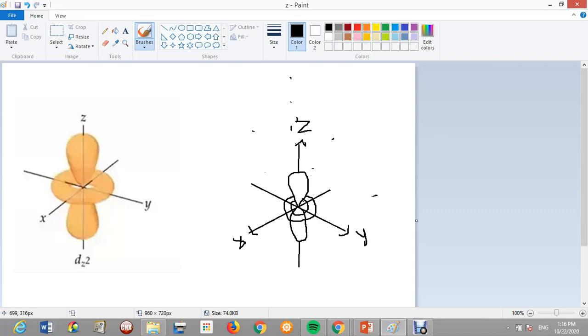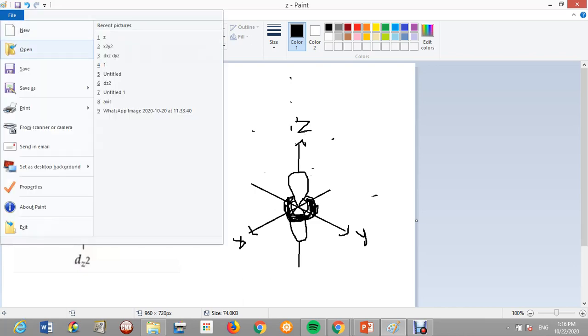Then you can shade your donut. You can use your pencil to shade your donut. So this one will be your dz square, where the orbitals are on the z-axis.